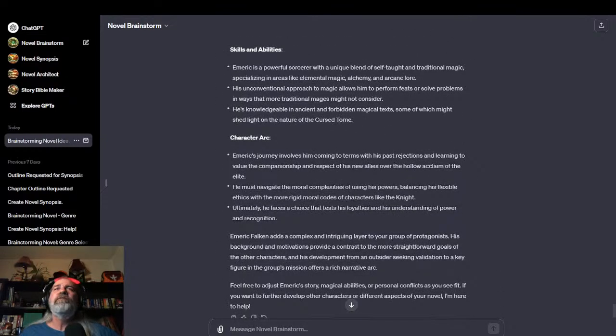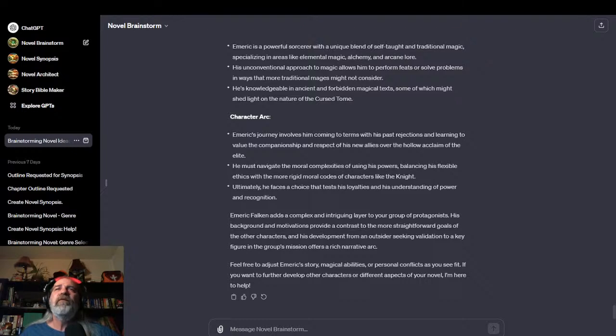Okay, his arc involves coming to terms with past rejections, learning to value companionship, respect for new allies over the hollow acclaim of the elite. He must navigate the moral complexities of using his powers, balancing his flexible ethics with the more rigid moral codes of characters like the Knight. Ultimately, he faces a choice that tests his loyalty and his understanding of power and recognition.